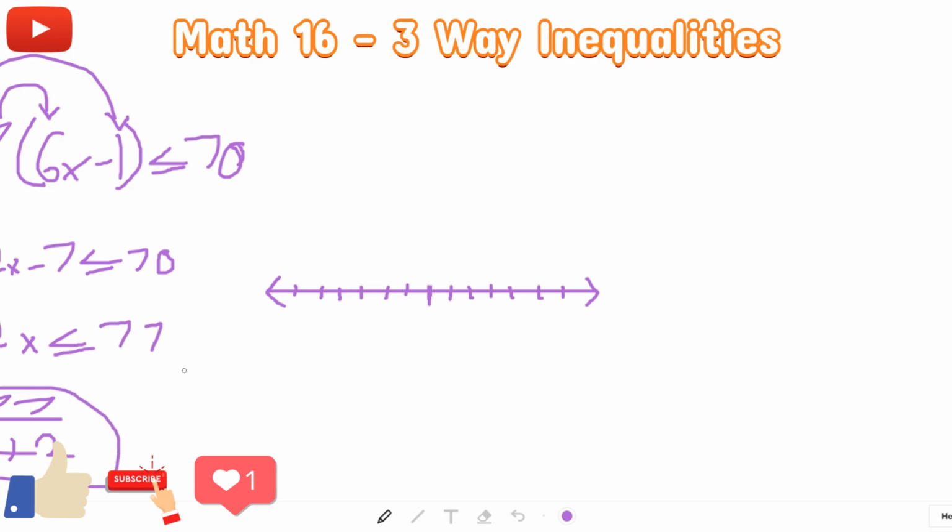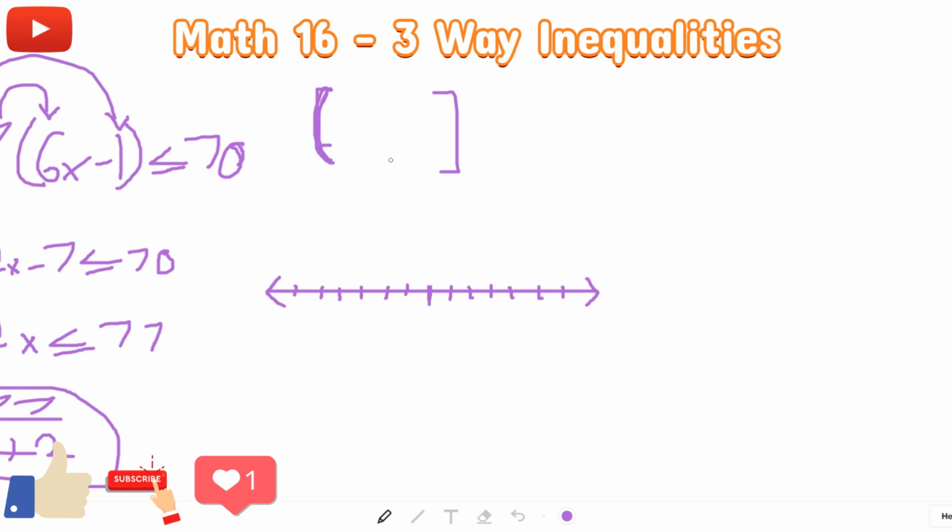For the second way, we are doing interval notation. Let's put a parenthesis and a bracket, since this is a compound inequality.